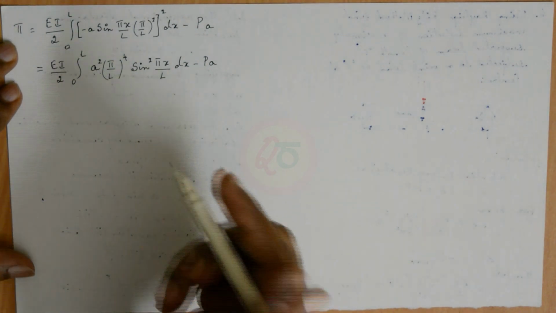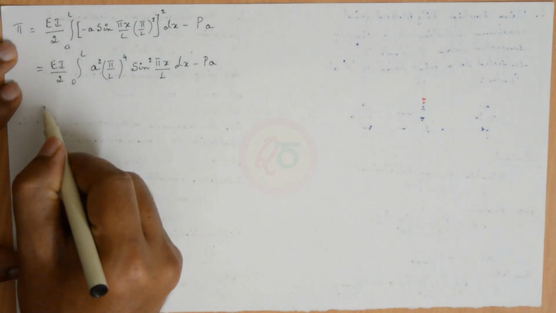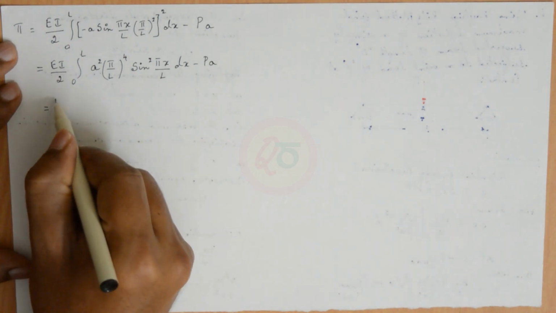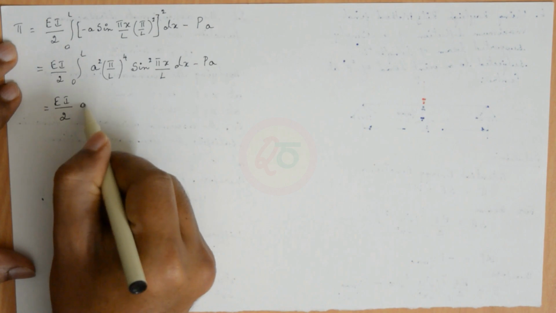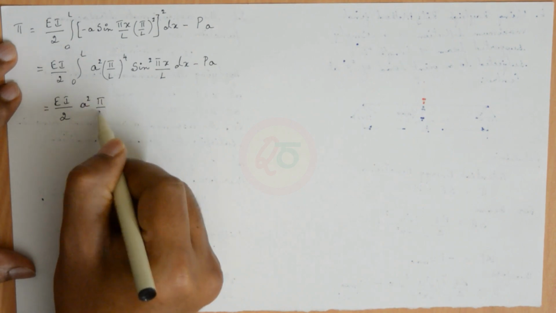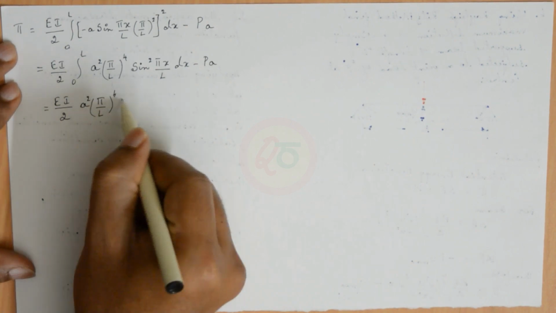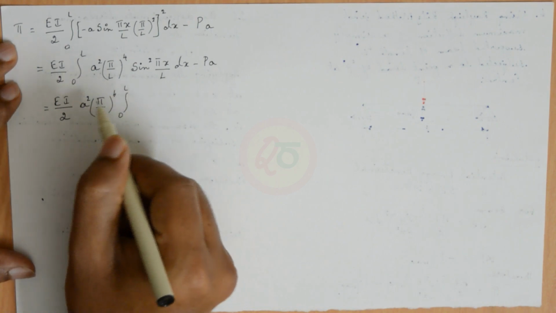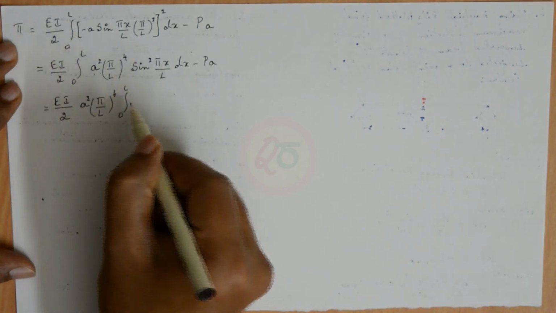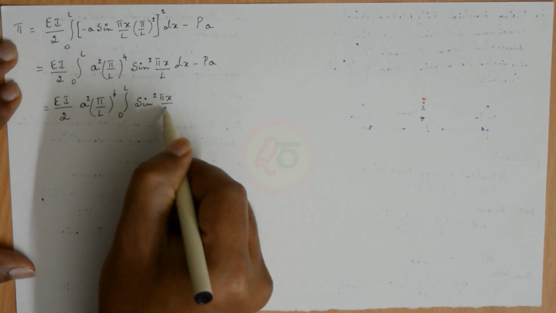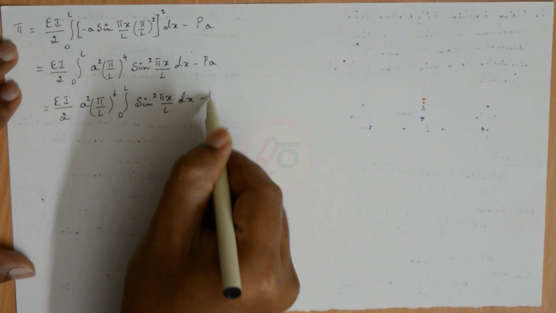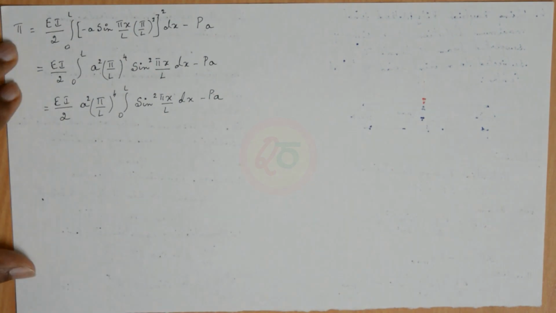Now taking all the non-integral terms out, EI by 2 a square pi by L to the power of 4 integral 0 to L sine square pi x by L dx minus P a.